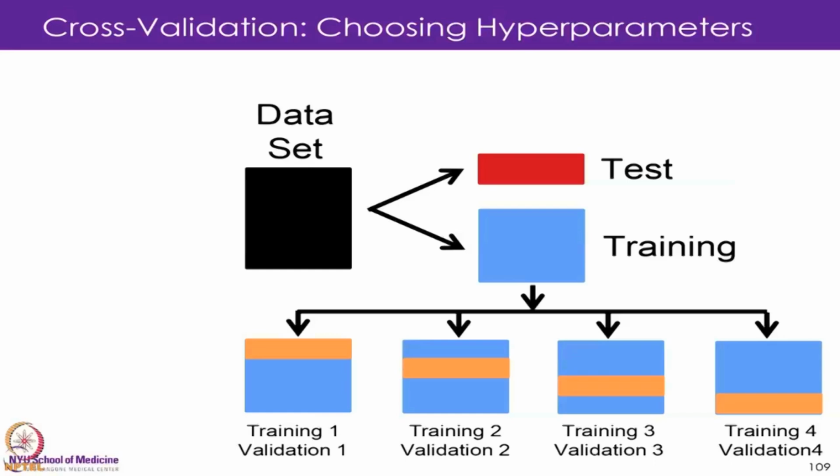And then we do this many times for different subsets. For example, 5-fold cross-validation or 10-fold cross-validation are commonly used. And since we have limited data sets, we often do what's called nested cross-validation.